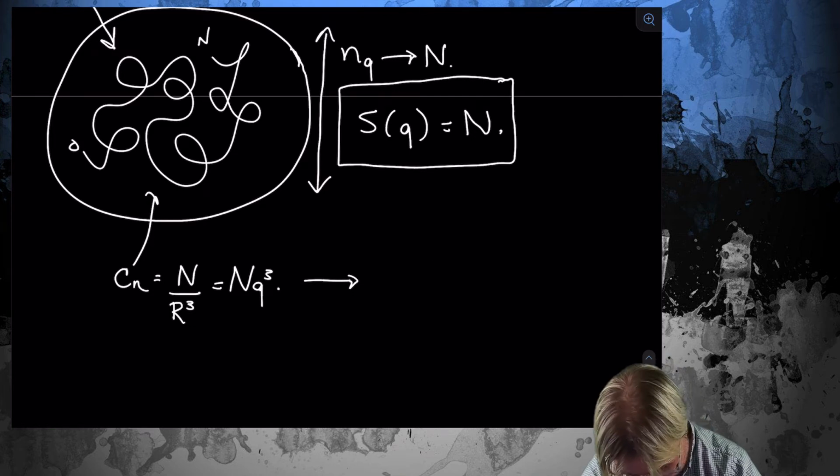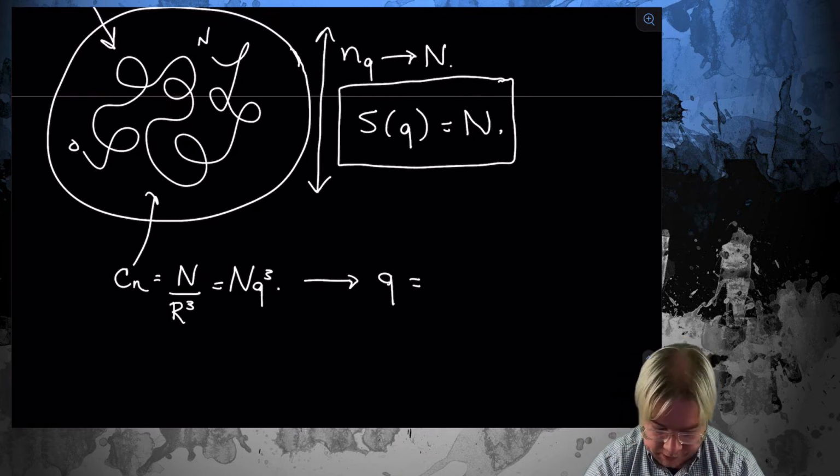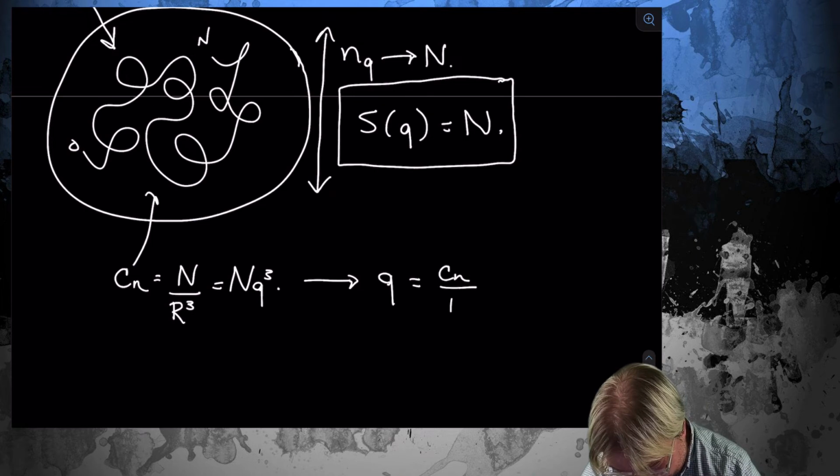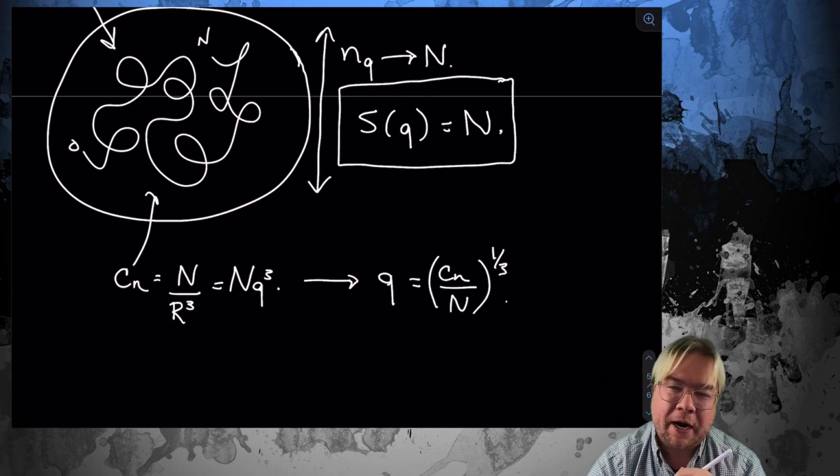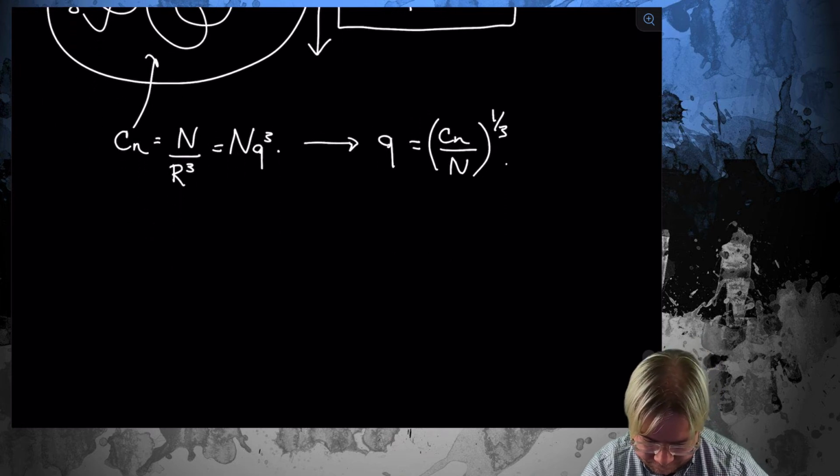Okay. So this means that Q is equal to the concentration of monomers divided by N to the 1/3 power.